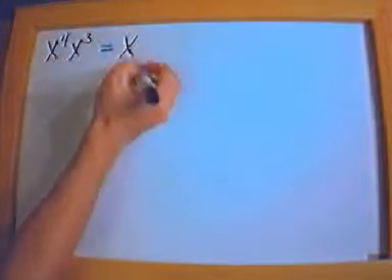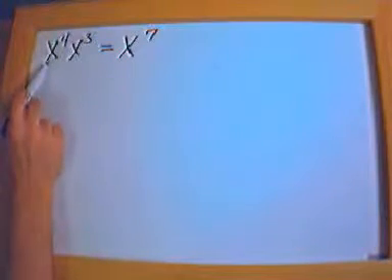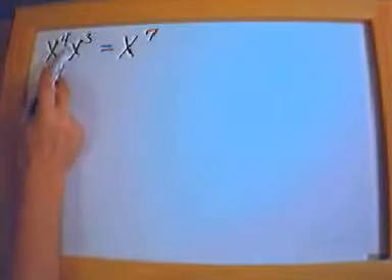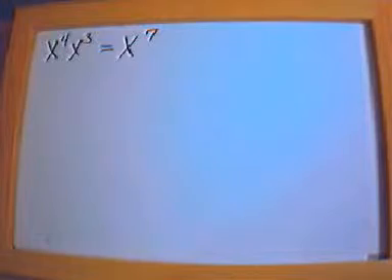When you have two powers of x or whatever multiplied by each other, and the bottom number, the base, which in this case is x, is the same, you can write this as, and we'll explain it in a minute, x to the 7th power. So when you have two exponents multiplied by each other and the base is exactly the same, then to simplify it, all you do is add the exponents together.